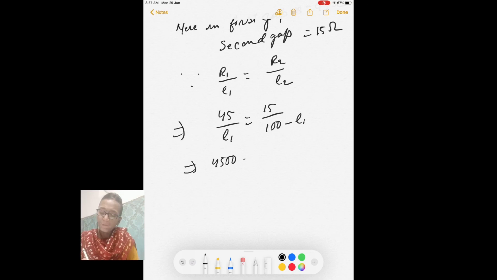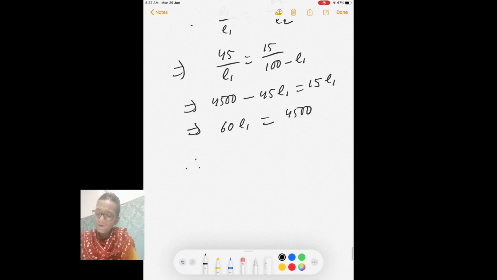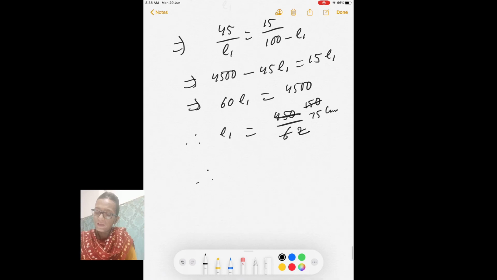It implies that 4500 minus 45 L1 is equal to 15 L1. It implies that 60 L1 is equal to 4500. Therefore, L1 is equal to 450 by 6, which is 150 upon 2, and this is equal to 75 centimeter.